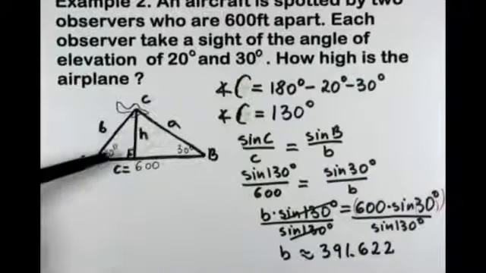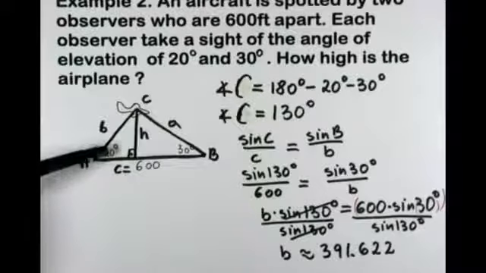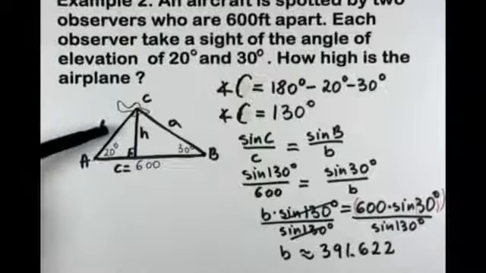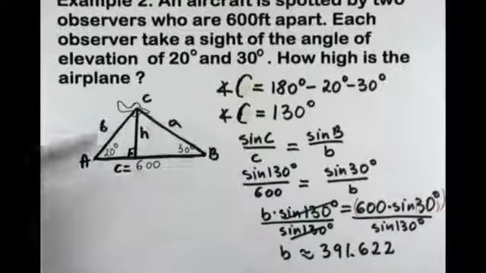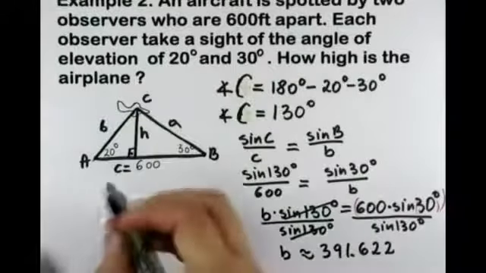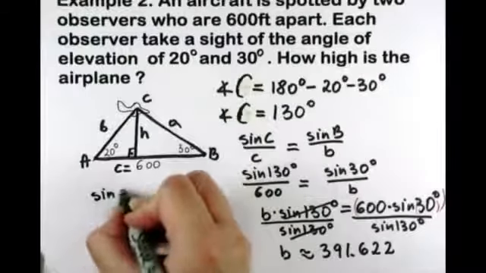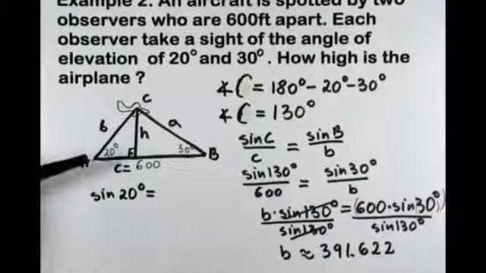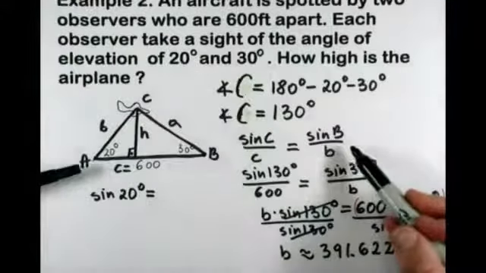We have opposite to this angle, and then we have hypotenuse, which is 391. So opposite over hypotenuse is sine 20 degrees. We can only use the trigonometric ratio in a right triangle. Sine law is for any triangle.